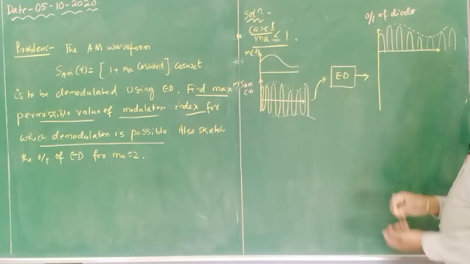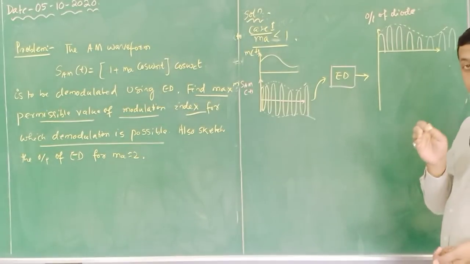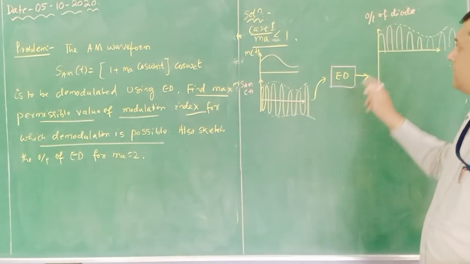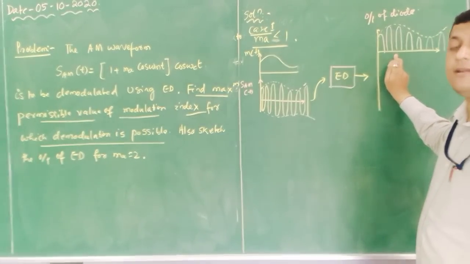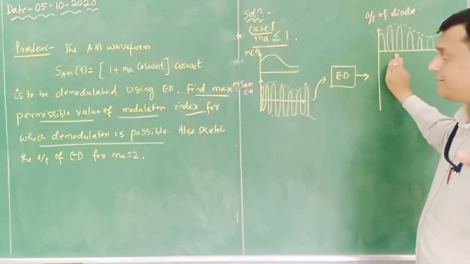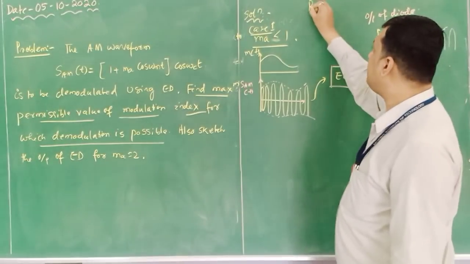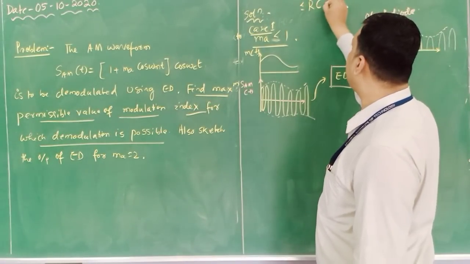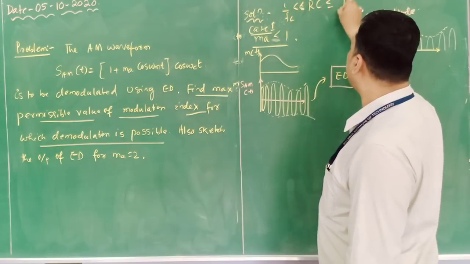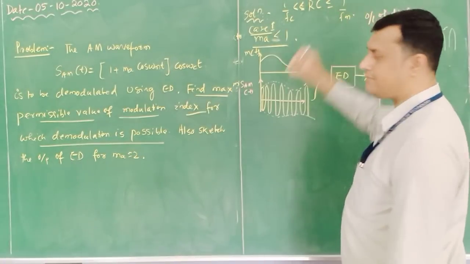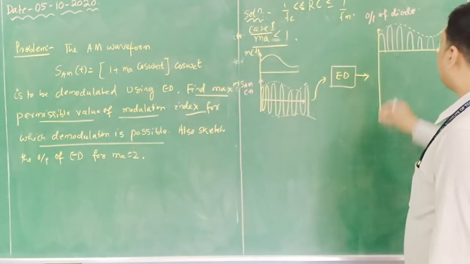The diode will work only for the positive half. Then there is a parallel RC circuit whose time constant needs to be maintained much less than 1 by fm and much greater than 1 by fc.